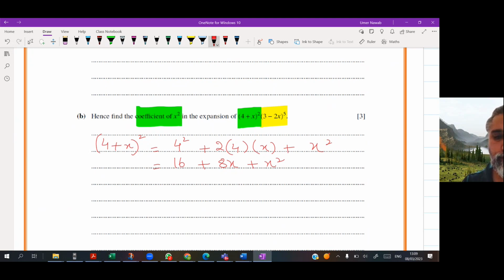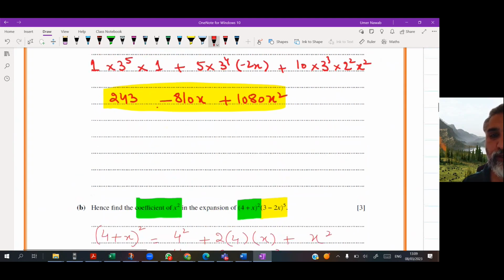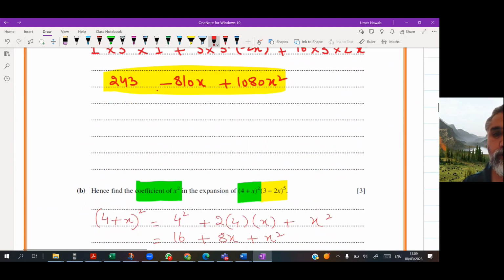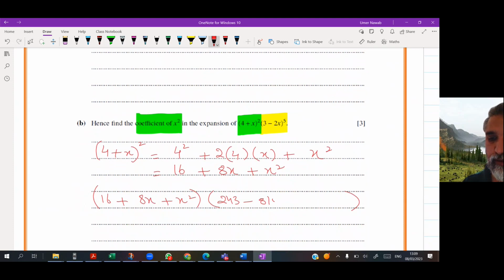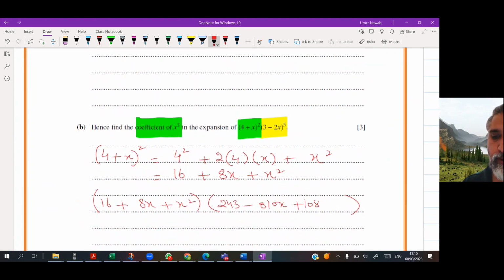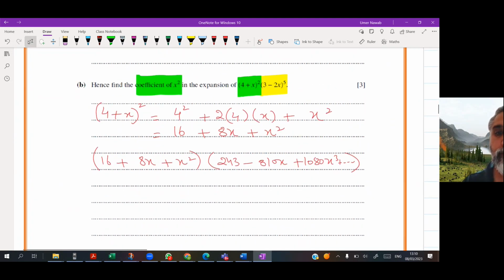Now let's write 16 plus 8x plus x squared, and he has asked us to find the first three terms: 243 minus 810x plus 1080 x cubed. No need to write the others.